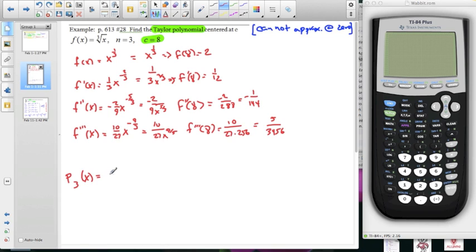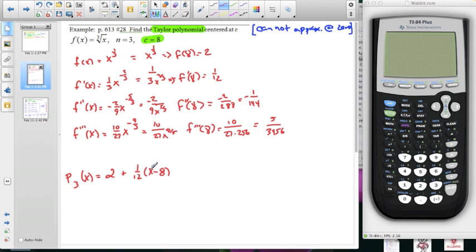And with the Taylor, we have to add this offset here with a center of 8. So we have the value of the function at the center, which is 2, plus the derivative, 1/12, times, and this is the new part, we have to subtract off the center here. So the center is 8.